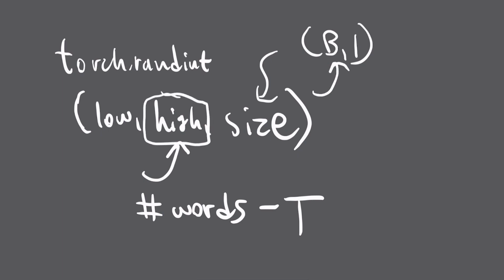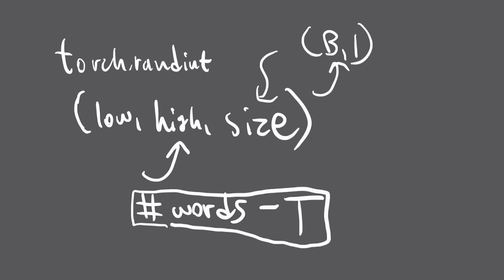This upper bound is actually exclusive. It will not include the number for high. That won't be a valid random number. That's the case for a lot of Python functions. And what we actually want to use is just the number of words minus capital T. So imagine capital T is 1, then this is number of words minus 1, essentially the final index.